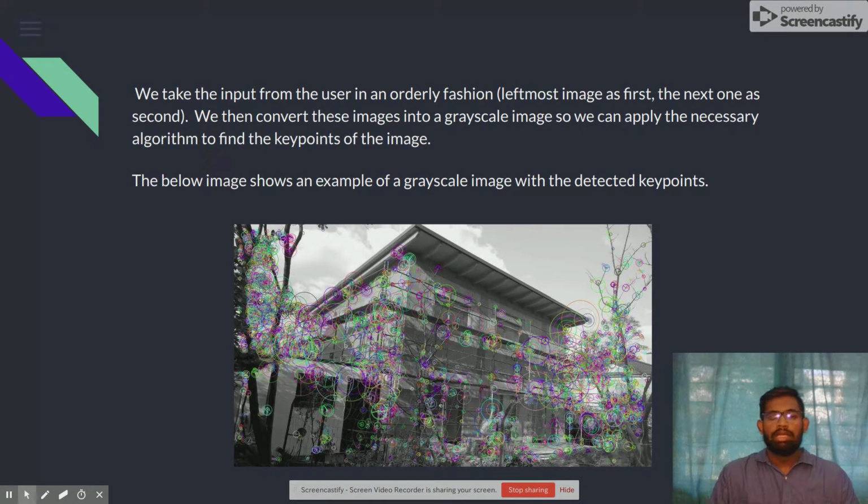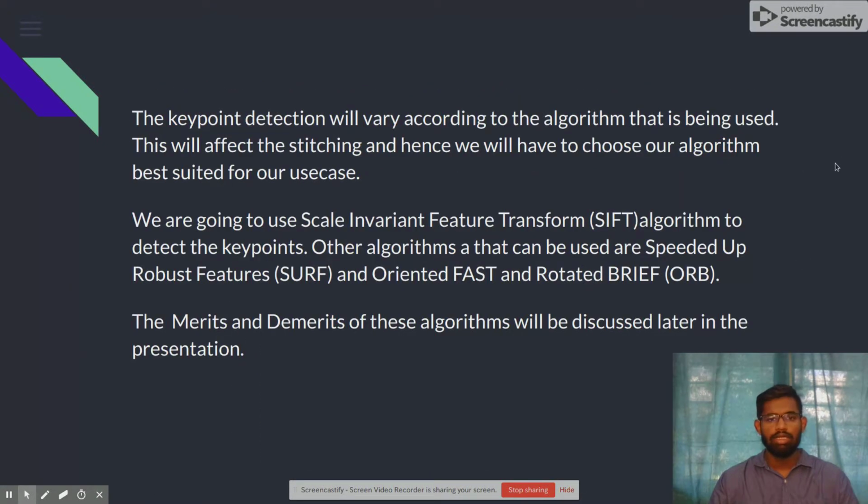Below is an example of a grayscale image, and the colored circles that you can see are the key points of the given image, used to find the stitching. The key point detection will vary according to the algorithm, as discussed earlier. The merits and demerits of these algorithms will be discussed later in the presentation by Sarthak.